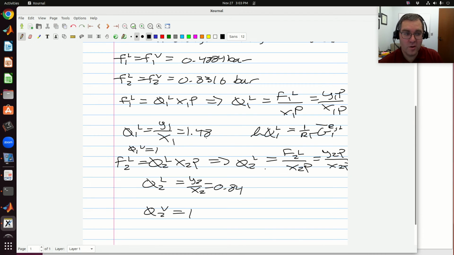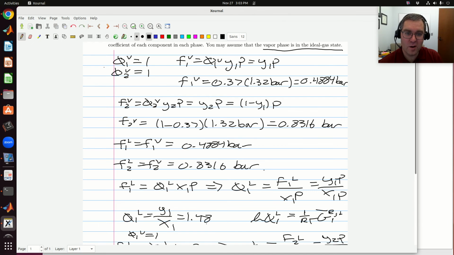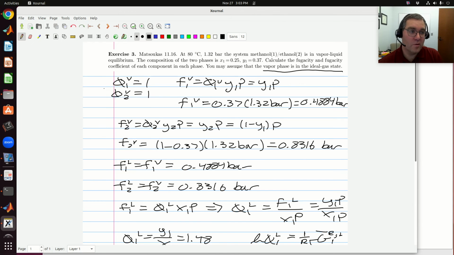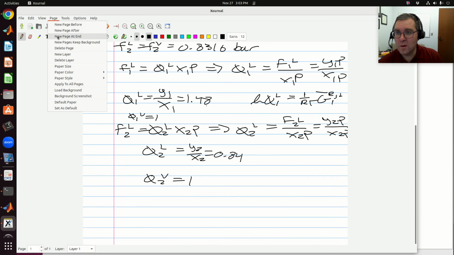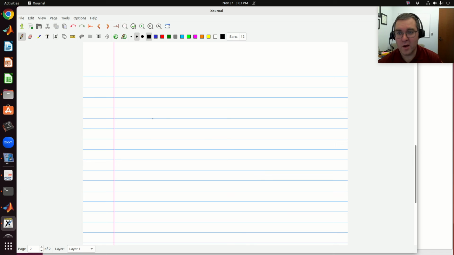Now, just for completeness, since we talked about this in class, let me assume that this system also obeys Raoult's law. This is going above and beyond. If I have my isofugacity equation and a system that obeys Raoult's law, then for my vapor phase, I assume it is an ideal gas.